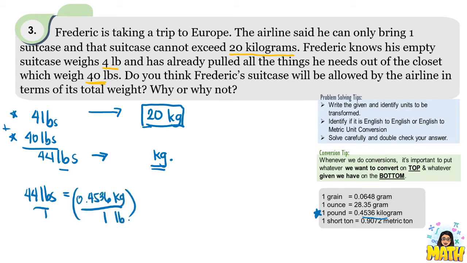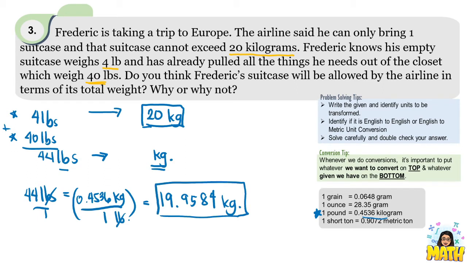So let's just multiply 44 times 0.4536, 19.9584 kilograms. Ibig sabihin, ang suitcase kasama ang laman nito ay 19.9584 kilograms.